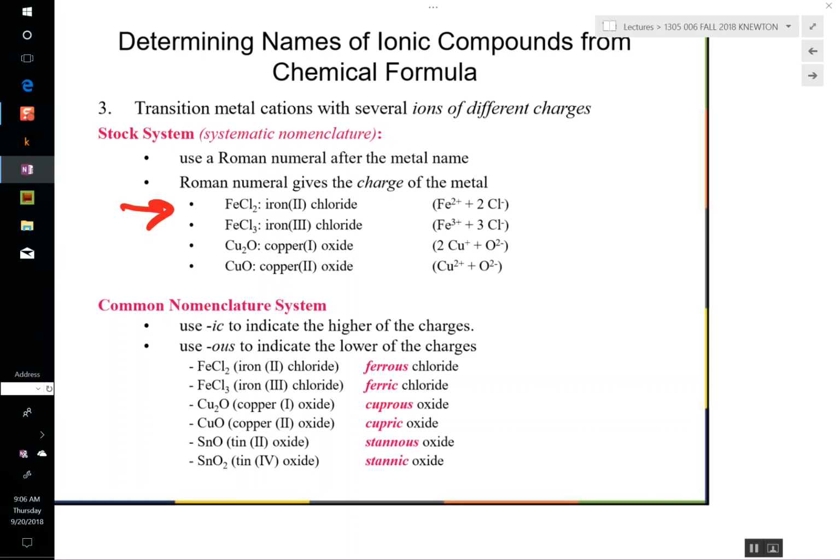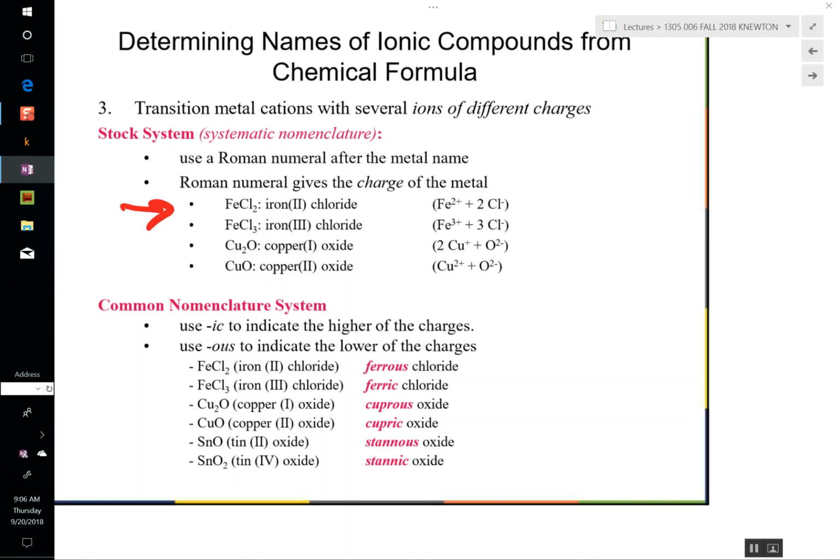So copper 1 oxide is Cu2O. This Roman numeral 1 is telling us that's a +1. But this is a -2, so you get a 2 in the formula. Copper 2 oxide is just like iron 2 oxide, CuO.